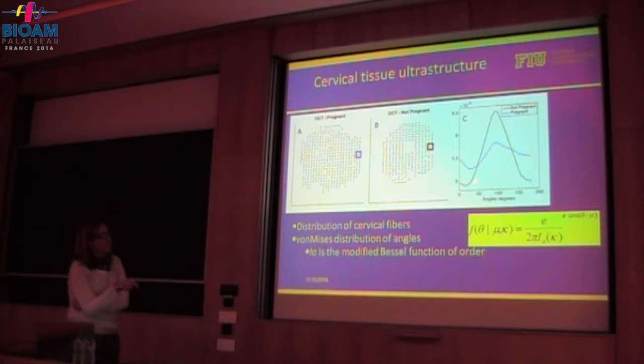Where non-pregnant is much more aligned, so close to one specific angle, while pregnant is much more dispersed. And they show that this can be mimicked by a typical distribution of angle, which is the von Mises distribution, which is based on a Bessel function.